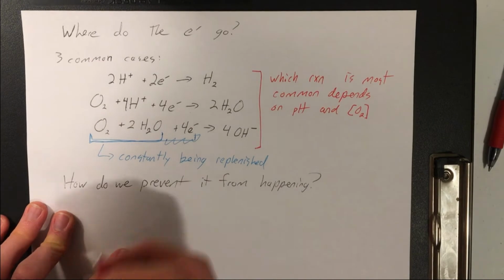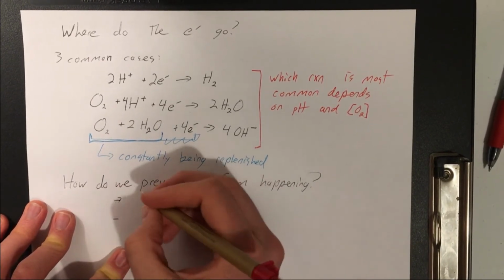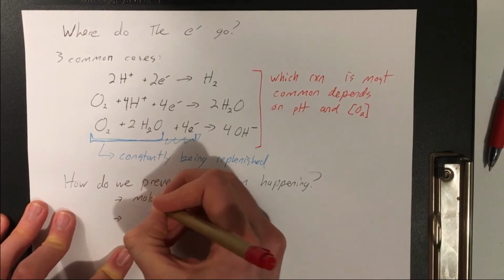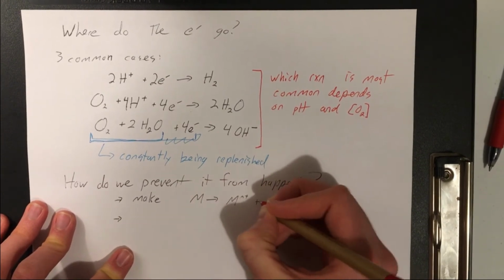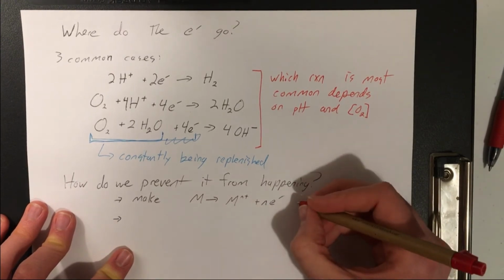So how do we prevent it from happening? Two choices. Choice number one is to make this reaction unfavorable.